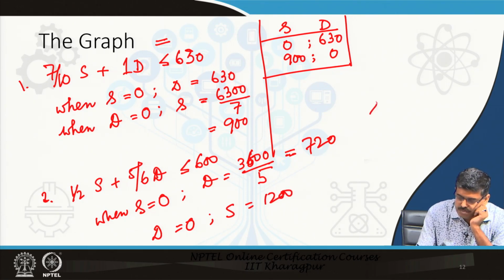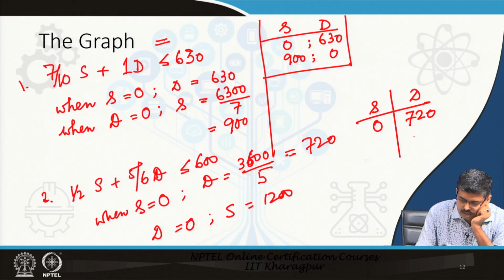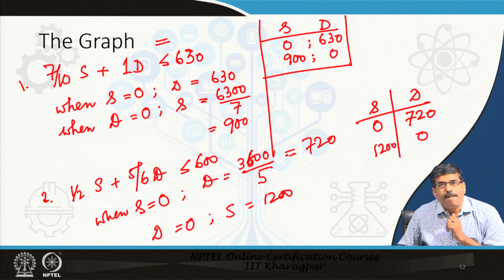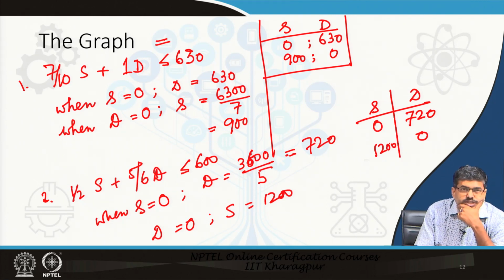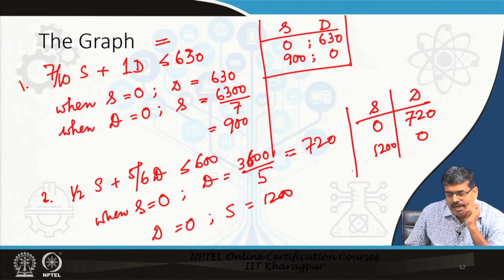So, my next equation gives S and D points: half S plus 5/6 D equal to 600, S 0, so D becomes 3600 by 5, which is 720. Okay. So, in this way we can get the points for all equations.